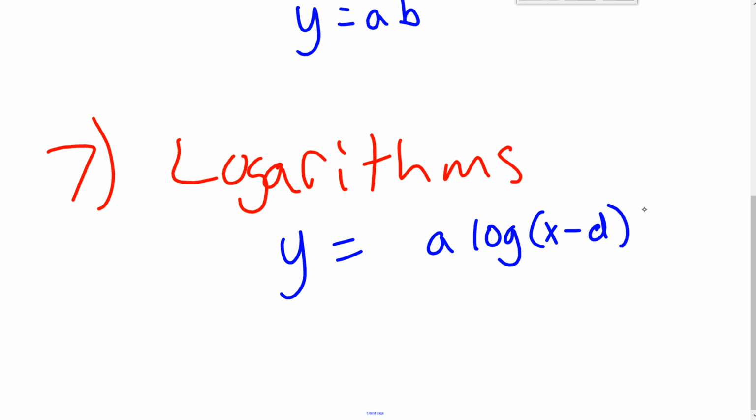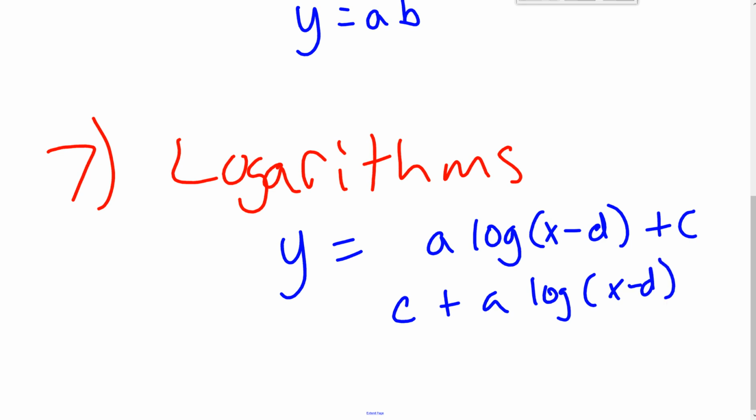And then we might add something at the end, or you might see that backwards. c plus a log x minus d, something like that. Or you might see something out in front here. But you'll see something like that, right? Where you take x plus something or minus something, then you take the log, then you times it by a number, and then you add your constant at the very end.